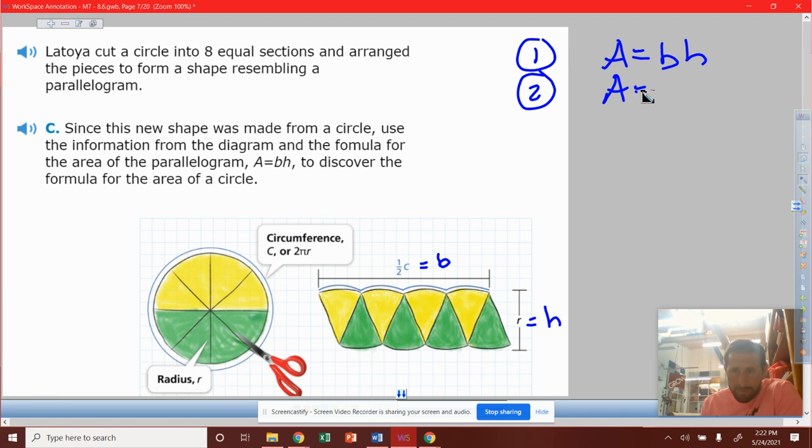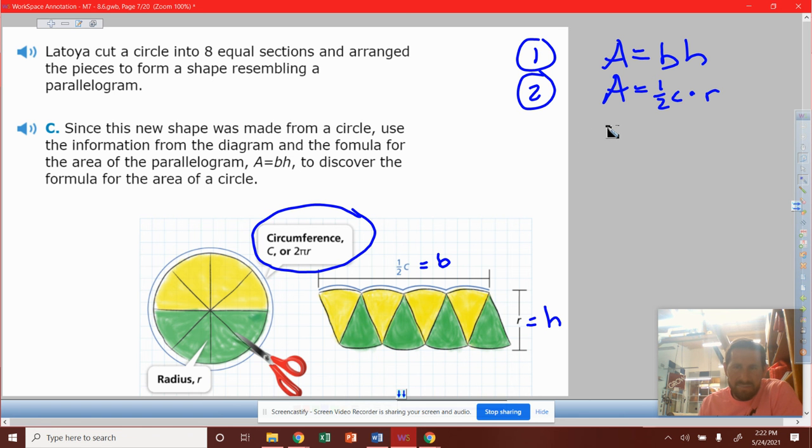When we substitute, we're not always just substituting in numbers. We can substitute in variables. So we have the base is 1/2 the circumference, and then our h is our radius. Now we also could do more substitution, because circumference, as indicated here, is 2 pi r.